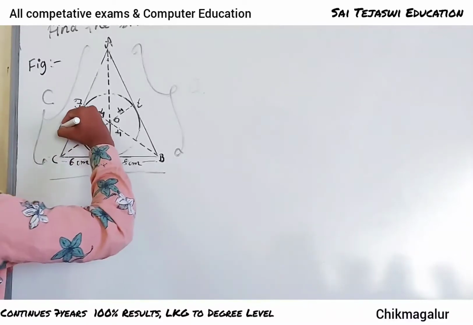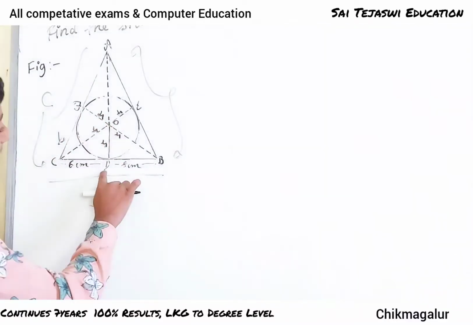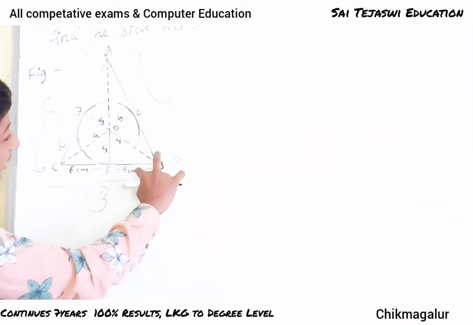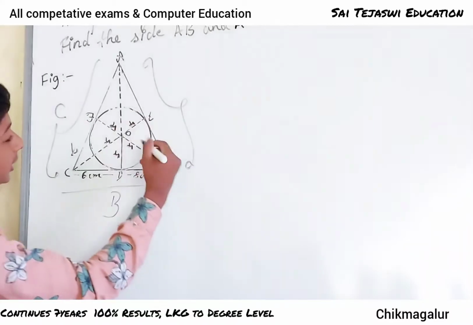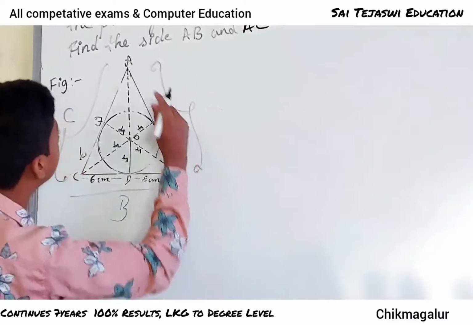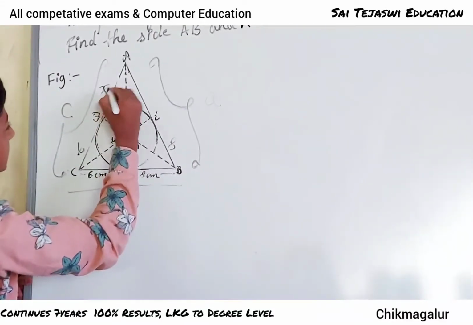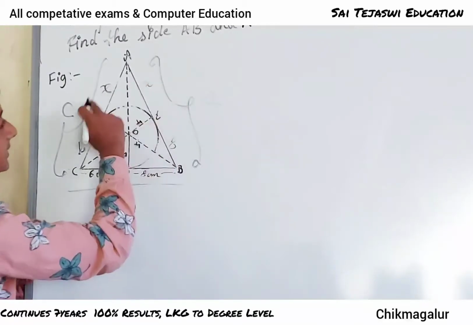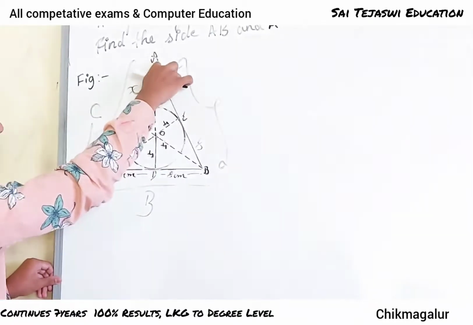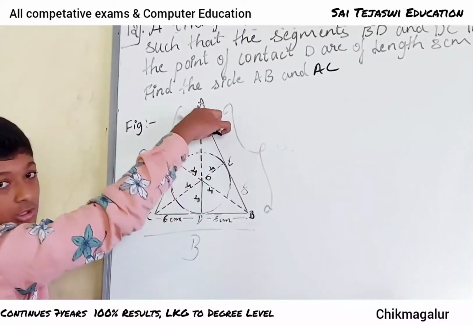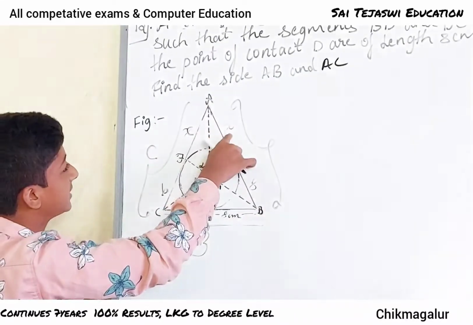So we take this as 6 centimeter, and here this is 8 centimeter, so this will be 8 centimeter too. We take the unknown lengths as x and x, because it's also a tangent from an external point.